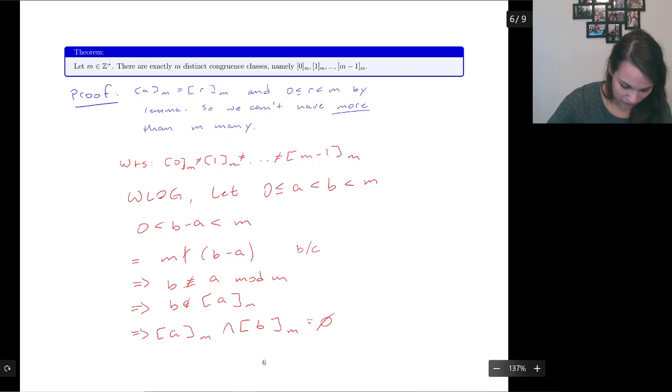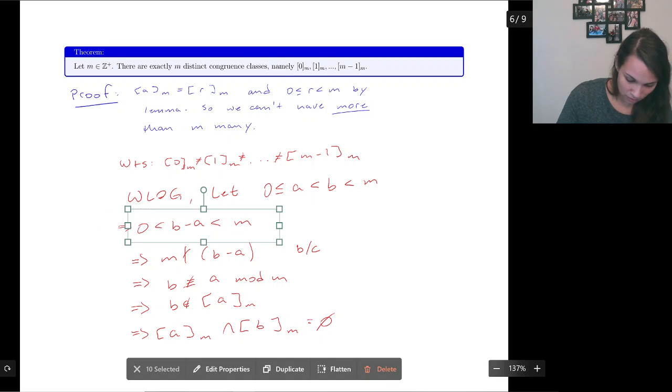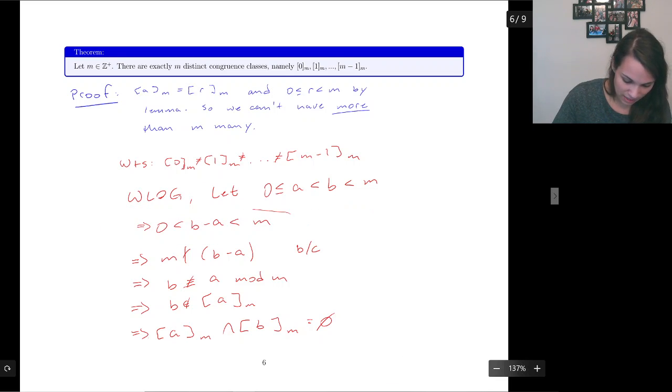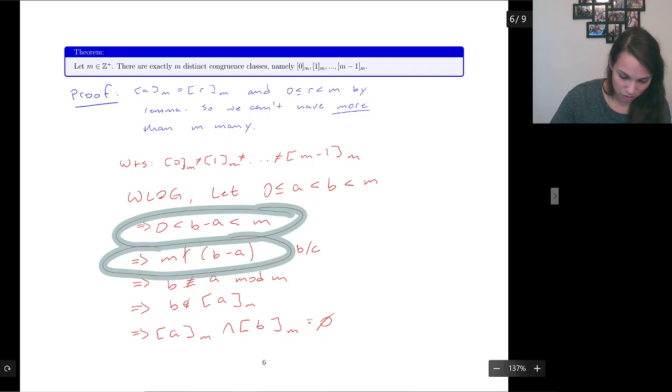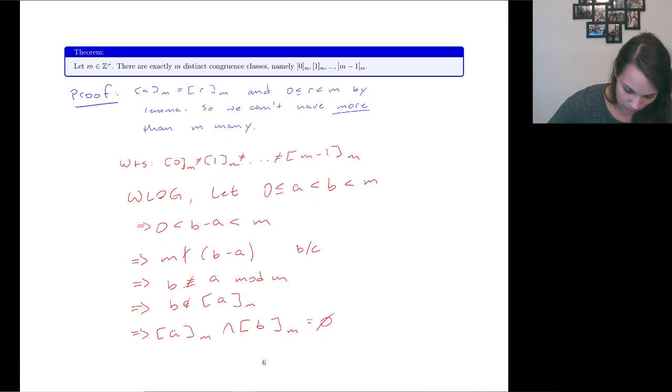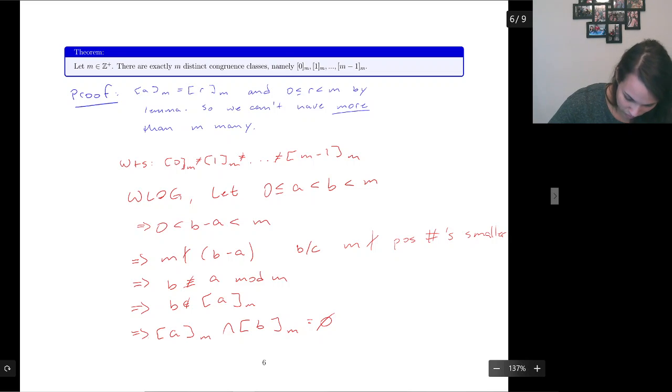So this jump right here came from what we just did. This comes from our first line, but then this line will imply this line. So we have basically closed off our proof here in the middle because M doesn't divide positive numbers smaller than itself.